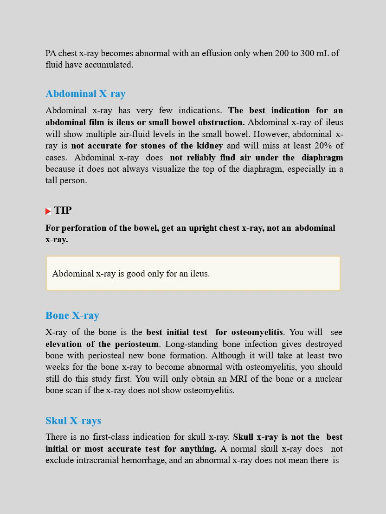Also, it will take at least 2 weeks for the bone X-ray to become abnormal with osteomyelitis. You should still do this study first. You only obtain an MRI of the bone or a nuclear bone scan if the X-ray does not show osteomyelitis.